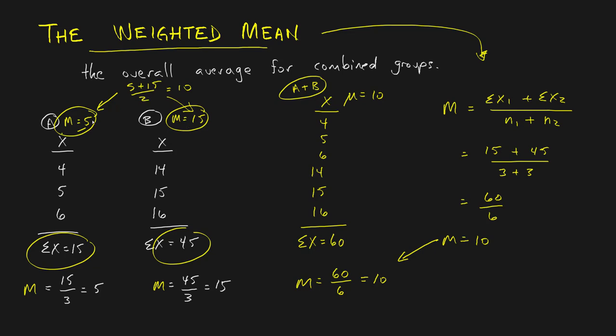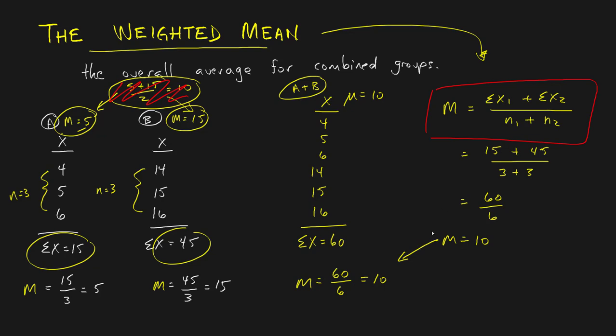This only works in this situation because we have 3 people in this group and 3 people in the second group. We have equal sample sizes. So if you have equal sample sizes, you can get away with just taking the average of the 2 averages. But if we had more people in group 1 or group 2, that would have made this answer definitely come out to be the wrong answer. It wouldn't have matched what we get using this formula.